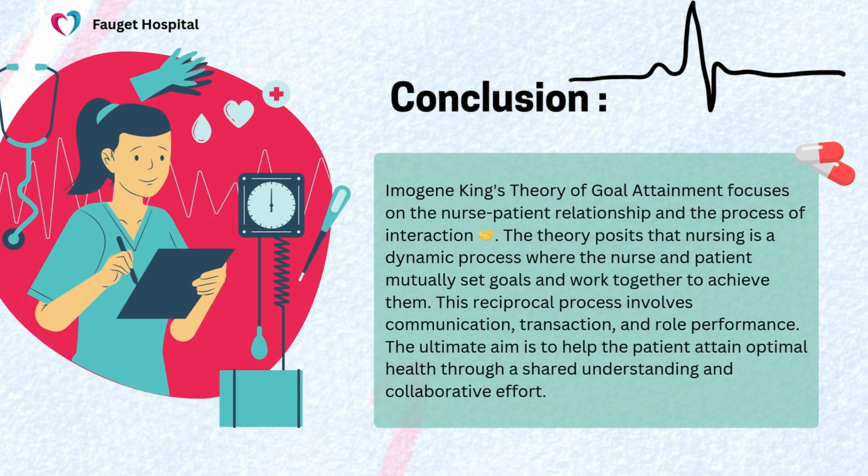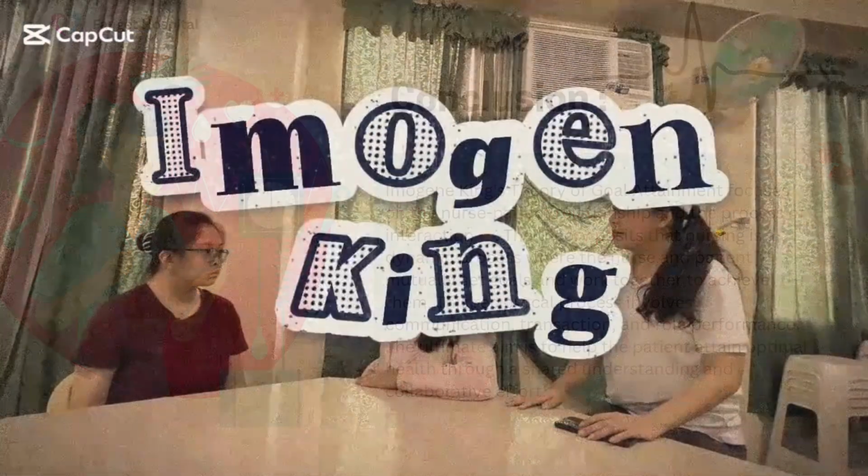In conclusion, Imogene King's theory of goal attainment describes nursing as a dynamic, collaborative process between a nurse and a patient. The core idea is that both individuals work together to define and achieve shared health goals. This partnership is built on effective communication, where the nurse and patient exchange information and perception to understand each other.